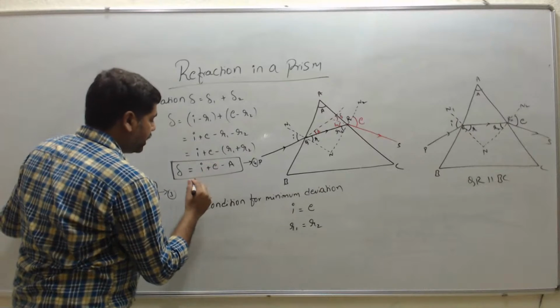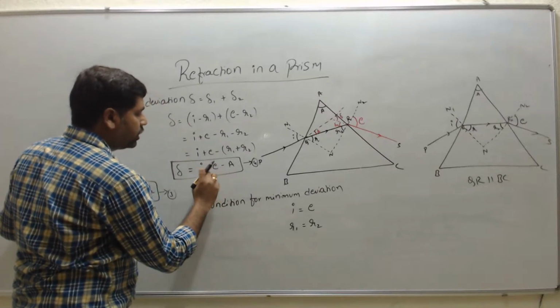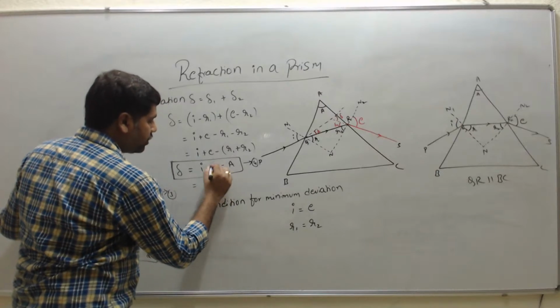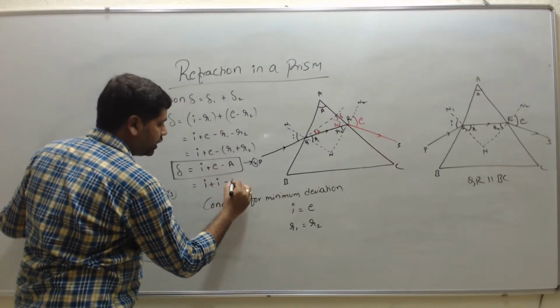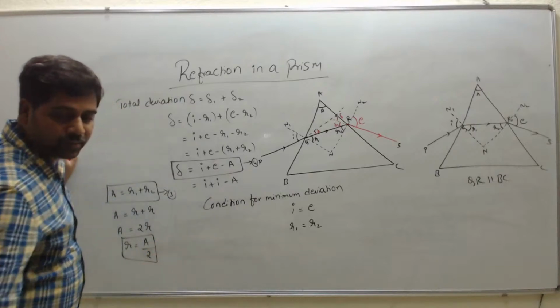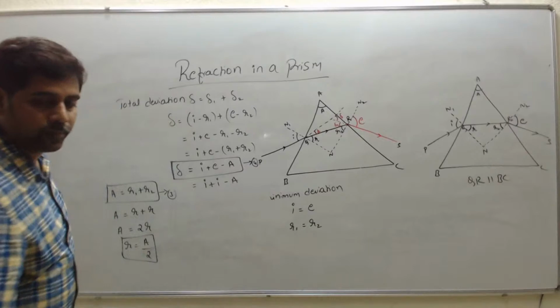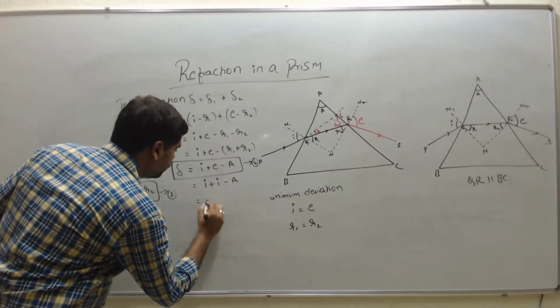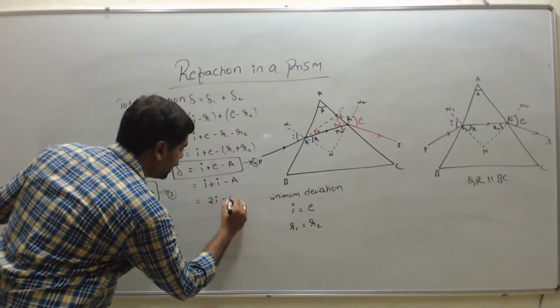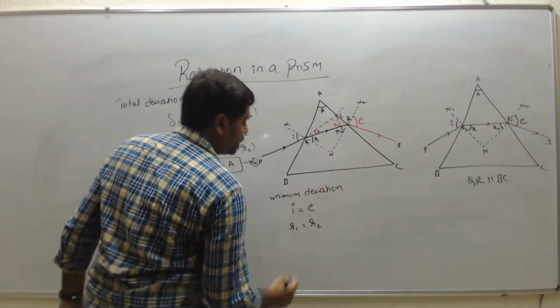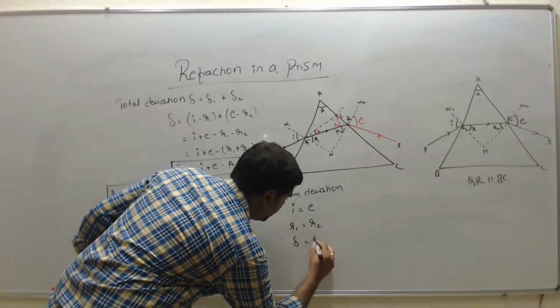If we apply the same here, angle of incidence is equal to angle of emergence, that is I. In place of E, I will write I minus A. So here for the minimum deviation, the delta becomes dm.